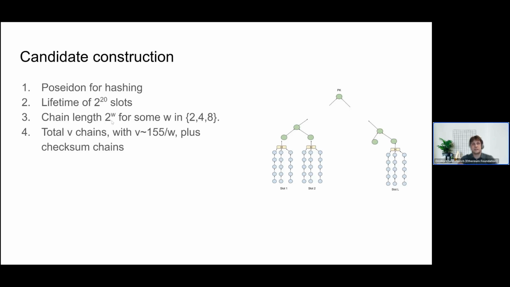The chain lengths are also powers of 2, with exponents from a certain subset, like 2, 4, or 8, which basically means that if we use 2, we split the message into pairs of bits, or quadruples of bits, or 8, which is bytes.